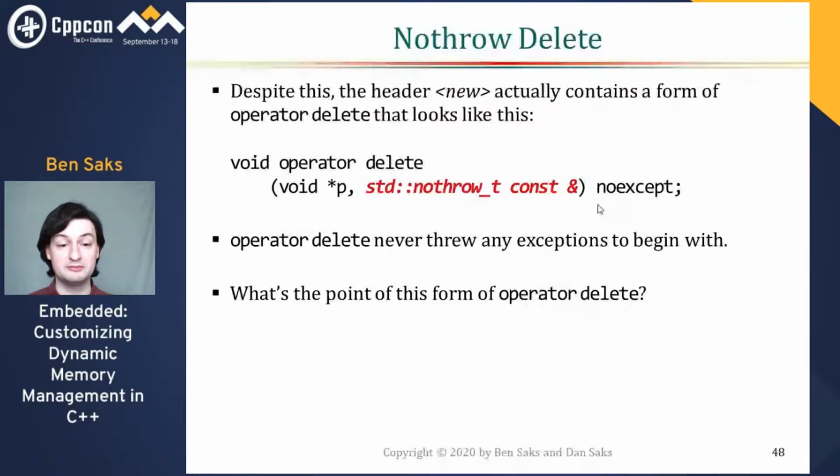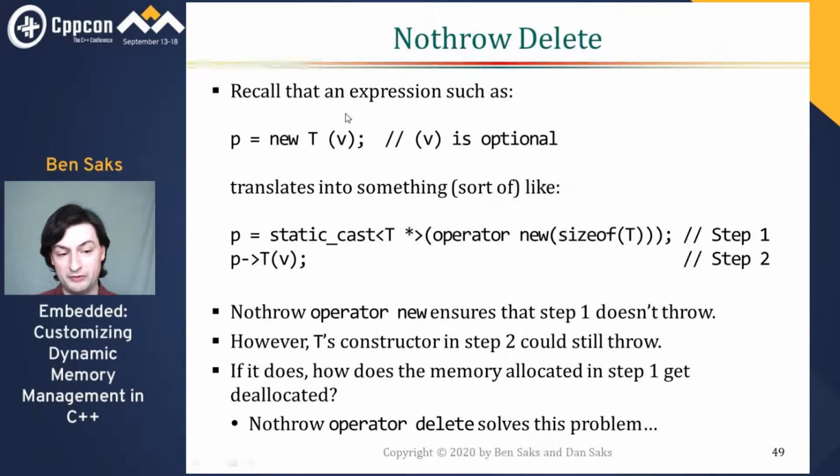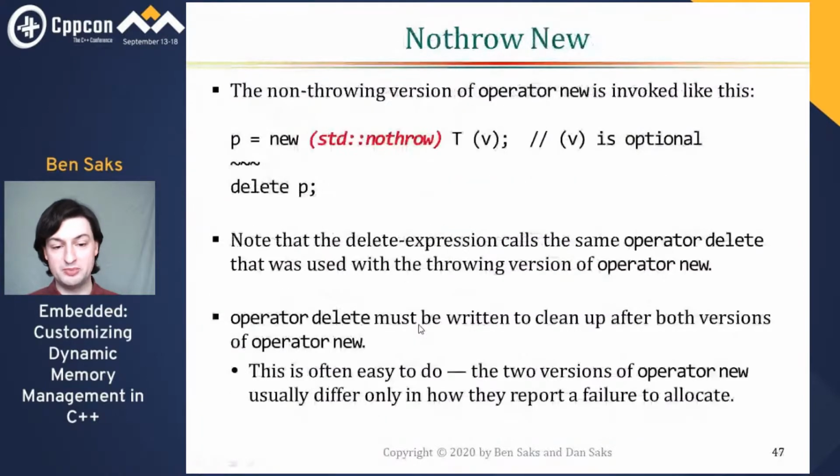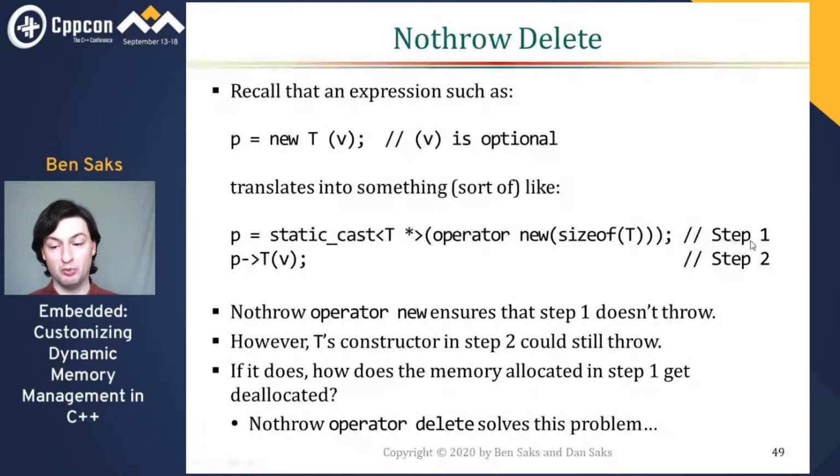Here's what's going on. So I mentioned before that a new expression translates into something like this two-step process where we call operator new to allocate the memory, and then we construct an object in that memory that was allocated. Using the no-throw operator new, like we do back here, that ensures that step one here can't throw exceptions.